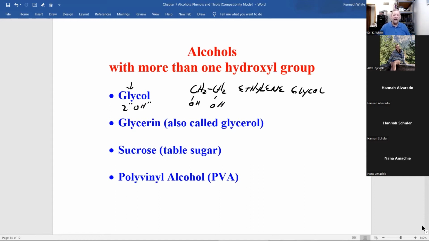And where do you find ethylene glycol? You mix this with water, and we call it antifreeze. Remember, I talked about the colligative effect. There are two. One, you have the melting point lowering, and also the boiling point, which I didn't talk about then, is higher. And if you think about it, if you had water in your radiator, in the winter it would freeze when it got real cold, and not even that cold.